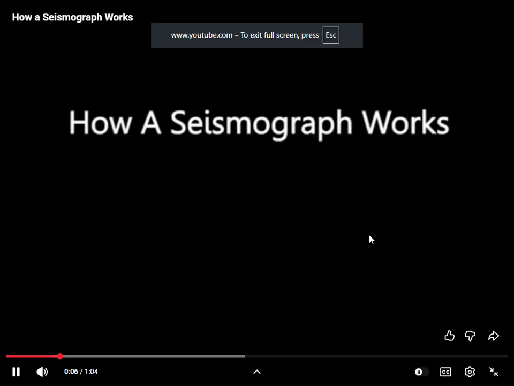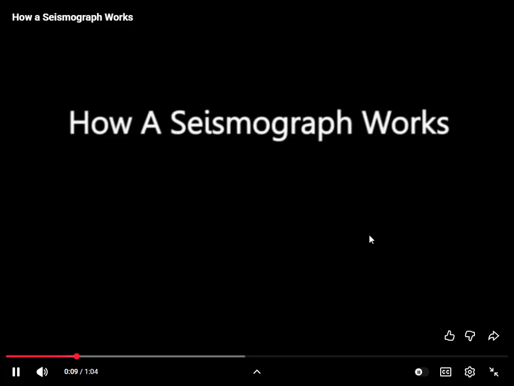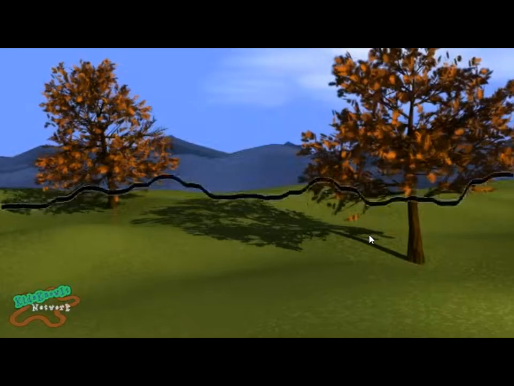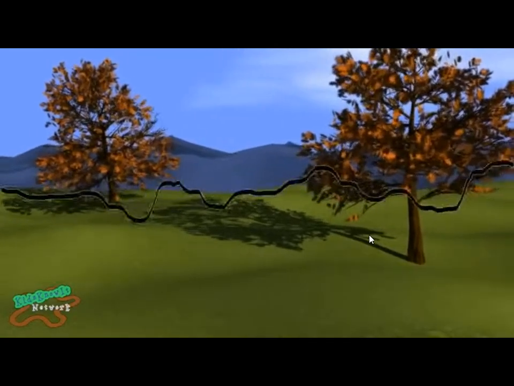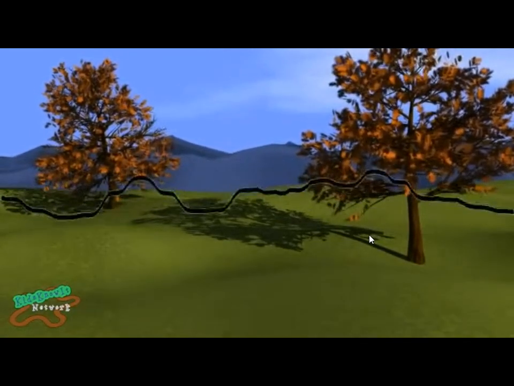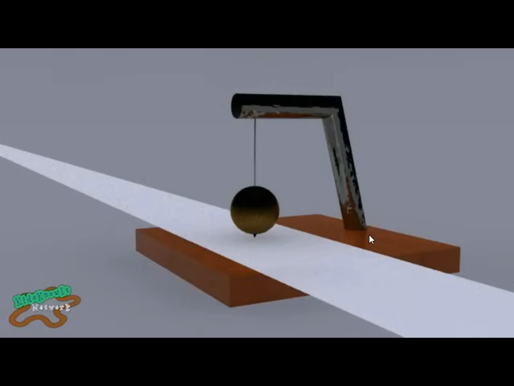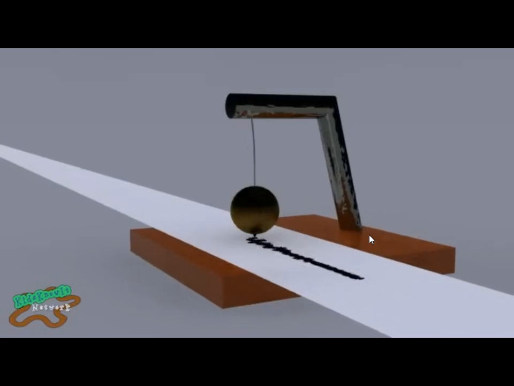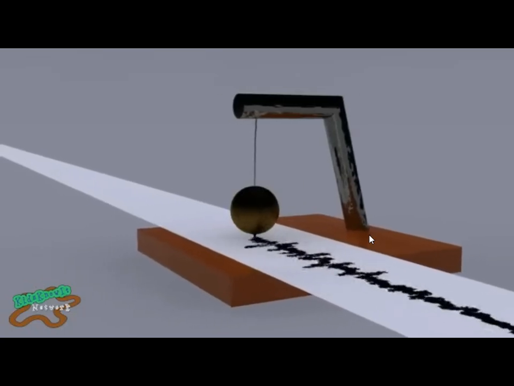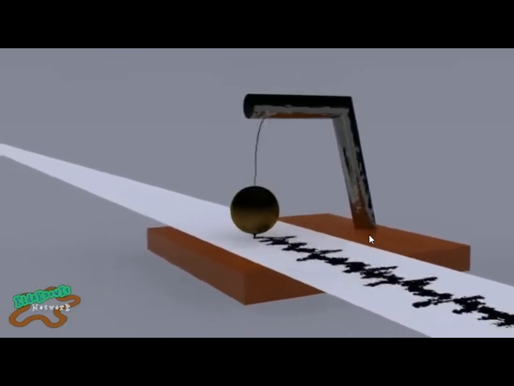How a seismograph works. A seismograph is an instrument used to measure the movement of earthquakes. A weight is suspended in a way that allows it to remain still when the ground moves. Most modern instruments use an electromagnetic mechanism for this. A writing instrument is attached to the weight, allowing it to record the movement as it happens.